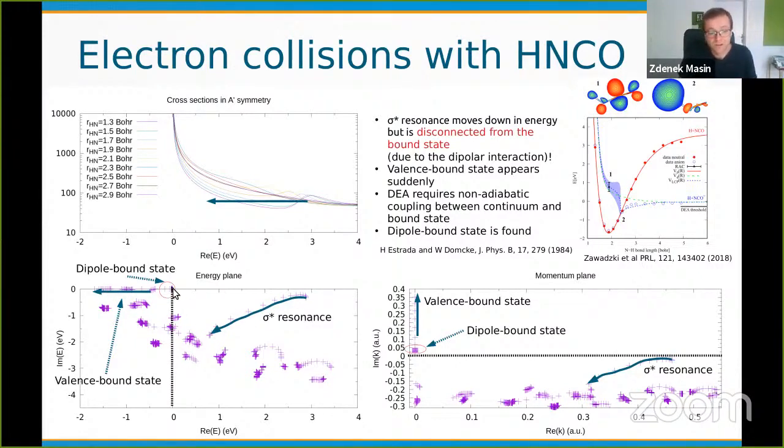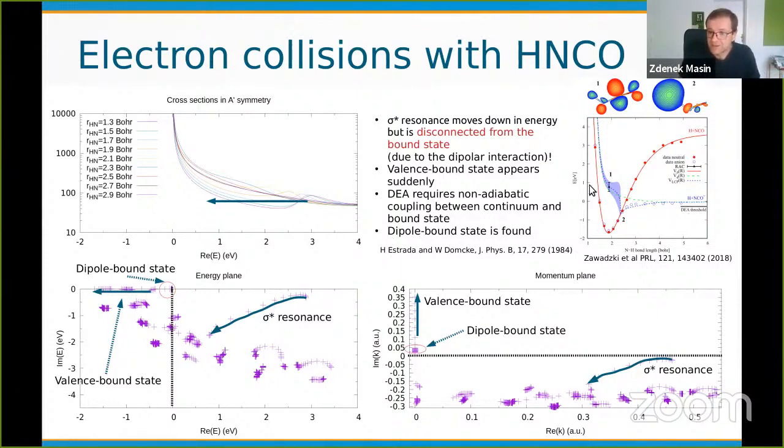And we also find that the molecule supports this so-called dipole bound state, which is a very weakly bound state by the dipole interaction. The fact that the resonance is disconnected from the valence bound state is a feature of the long-range dipole interaction. And this was shown by Estrada and Domcke in 1984.